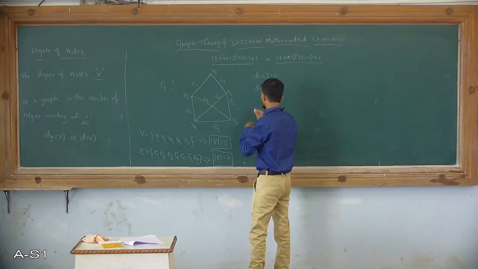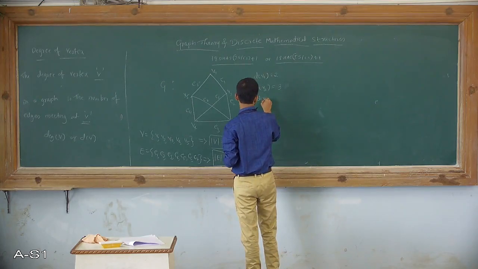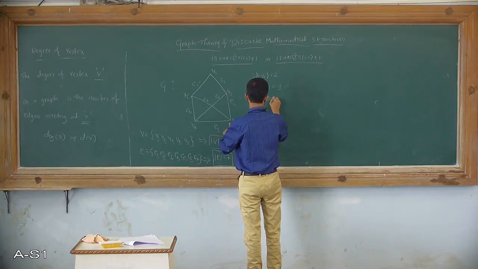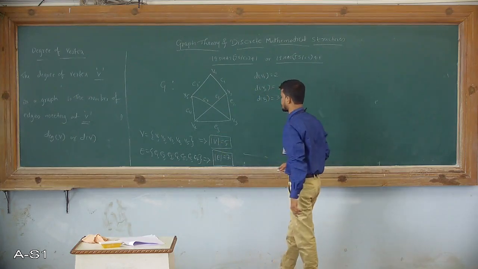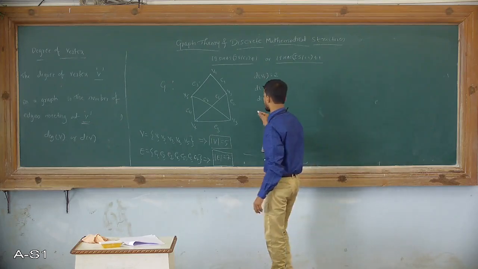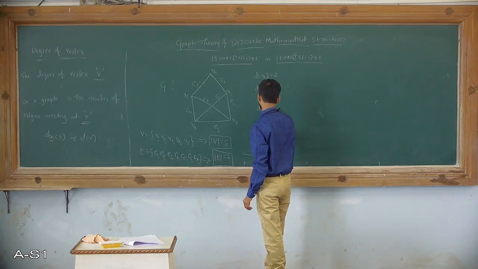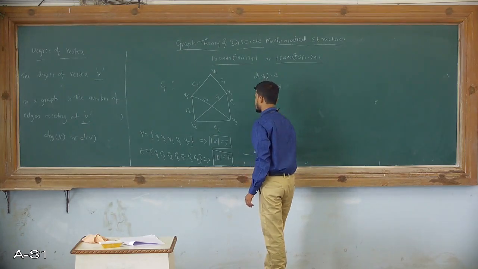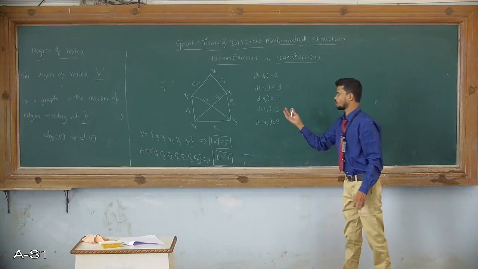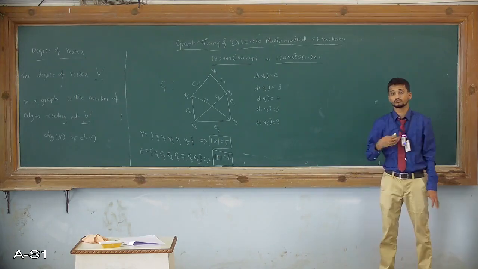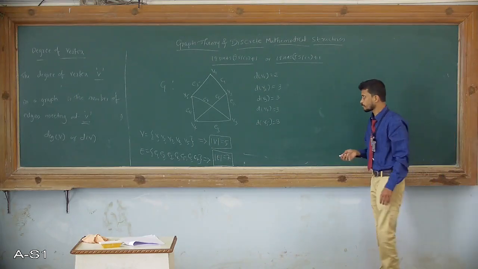Similarly, the degree of V3 is also 3 because E7, E2 and E3 meet at V3, and similarly the degree of V4 is also 3 and the degree of V5 is also 3. So this is how to find the degree of a vertex.